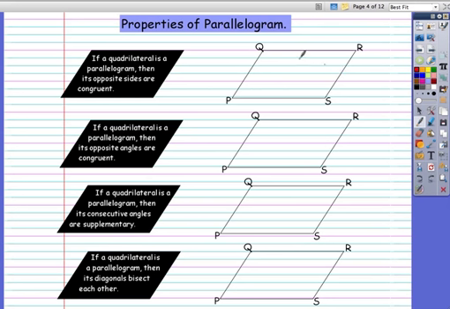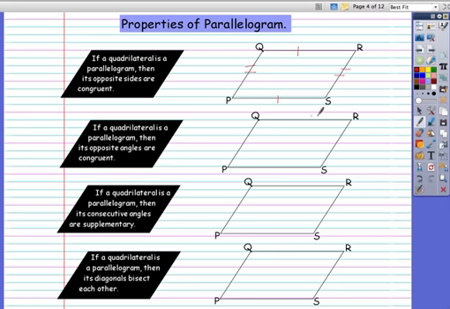Not only are opposite sides parallel, but opposite sides are congruent. My side opposite QR is PS, so QR is congruent to PS. And side PQ, its opposite side is not only parallel, but congruent.